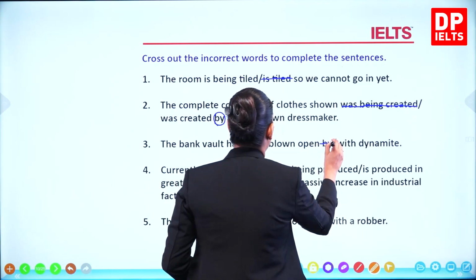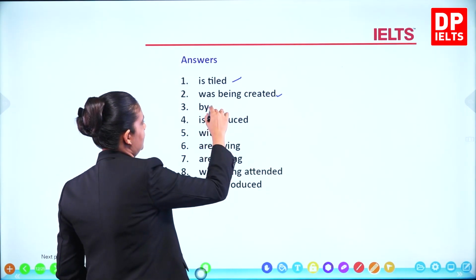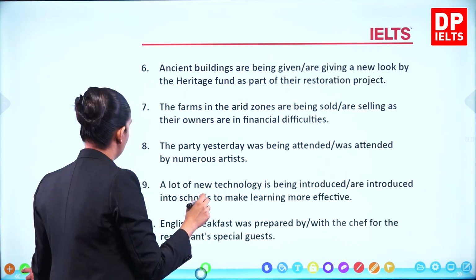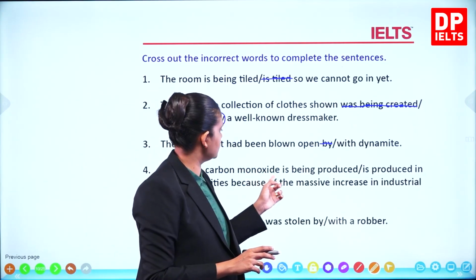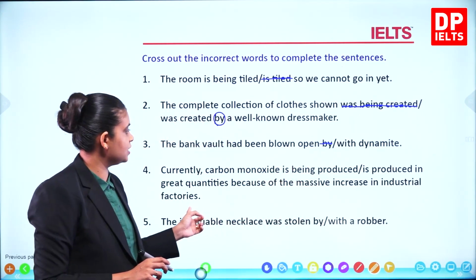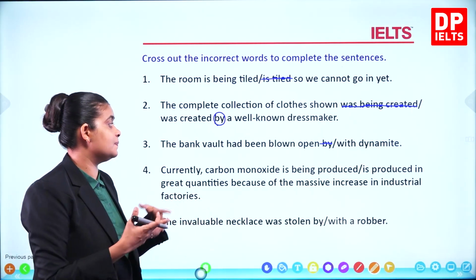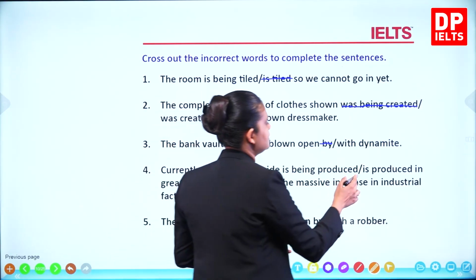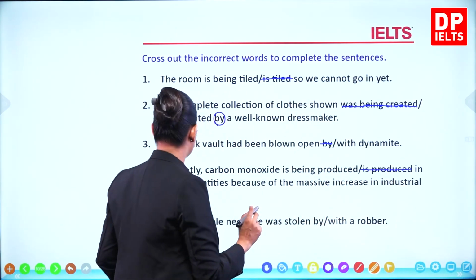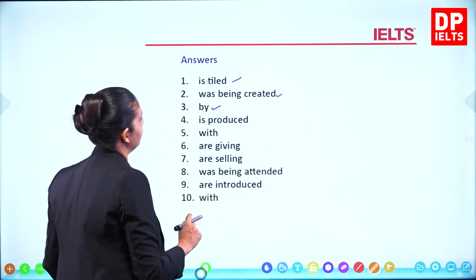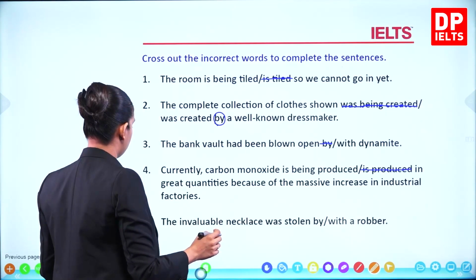By is wrong, so by should be crossed out. The next one. Currently, carbon monoxide is produced in great quantities. So it's happening at the moment, it's being produced. So if I say is produced, that is definitely wrong. So is produced is incorrect. There you go.